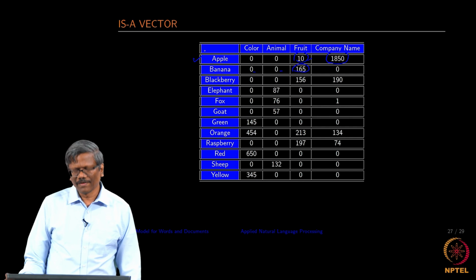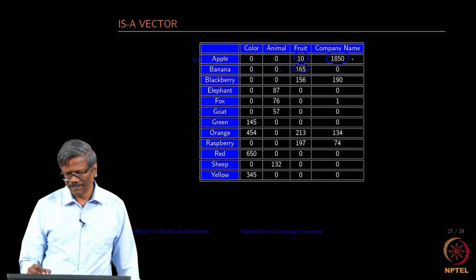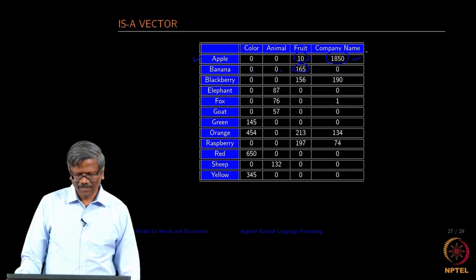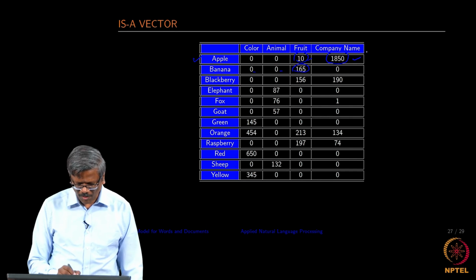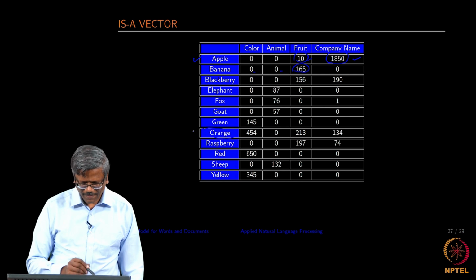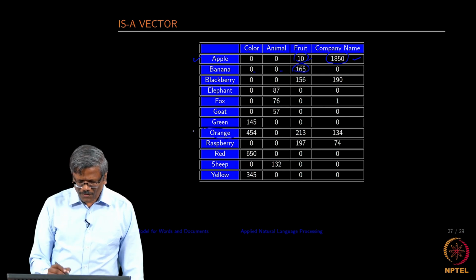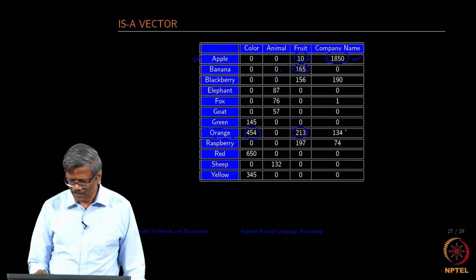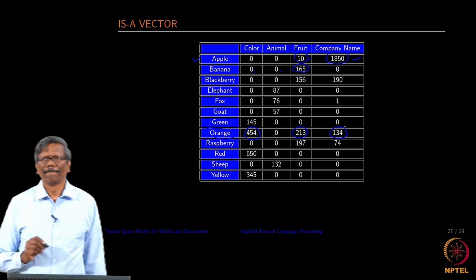I am going to get all the documents that contain the name of the company initially. And then if you look at orange, it is the color, it is a fruit, and there is also a company by that name. Okay.